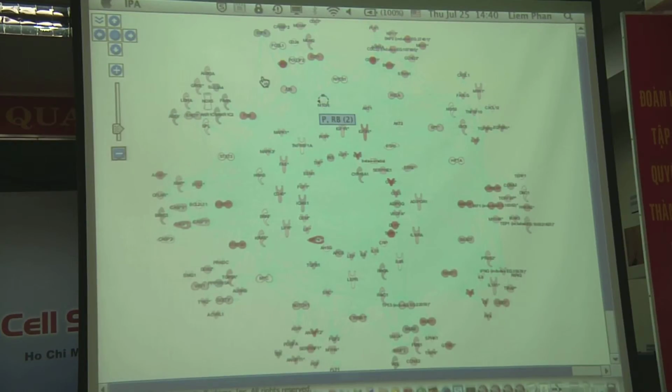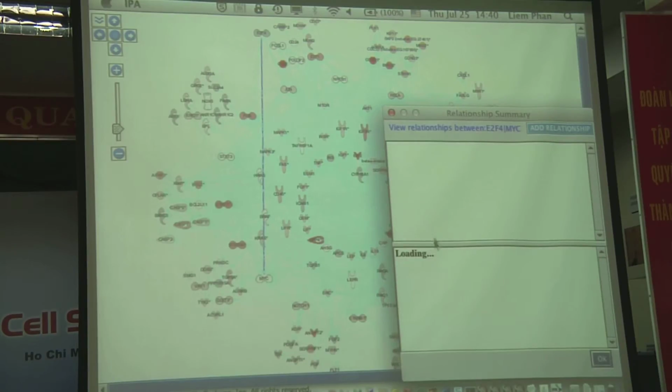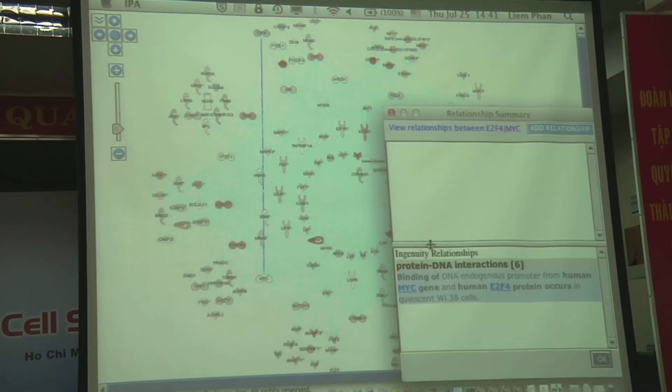So you click here, for example, from E2F to MYC. Should we click on it? No. If you want to display it separately, right? No, I mean one kind, for example, E2F, and another I want to see.